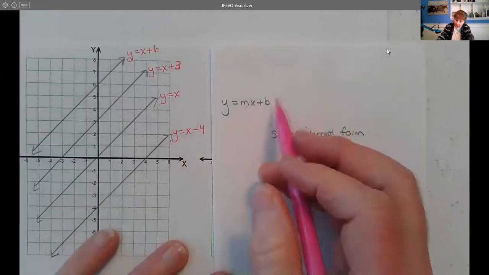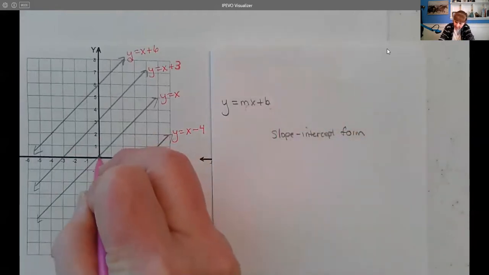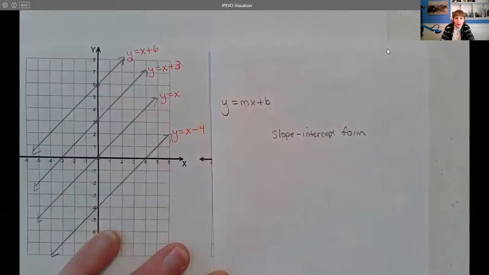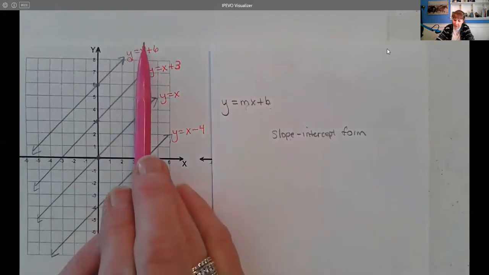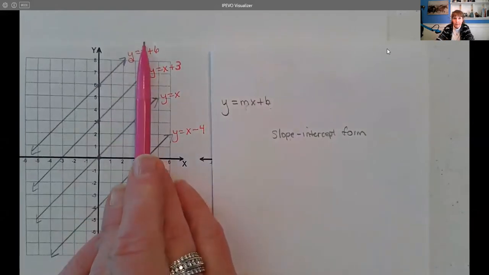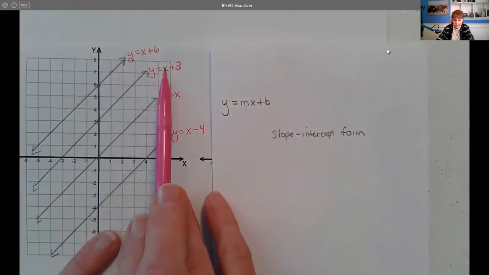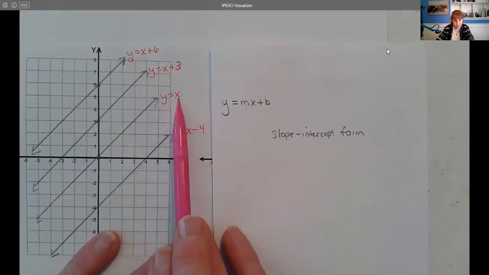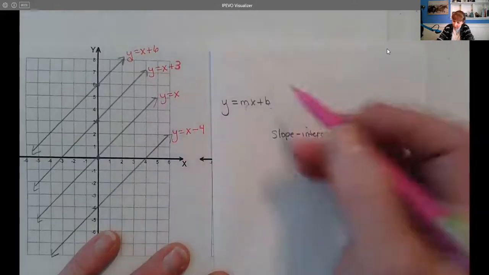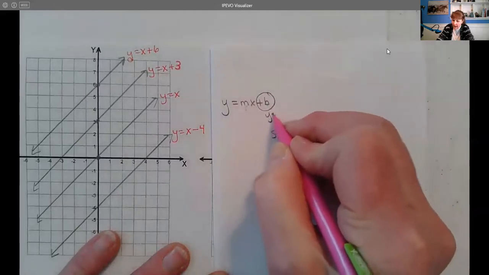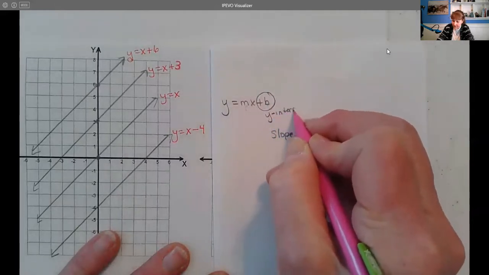Remember that when you look at all these points here, the x value is 0. So if the x value is 0, then we know we have the points (0, 6), (0, 3), (0, 0). So this number is the y-intercept.